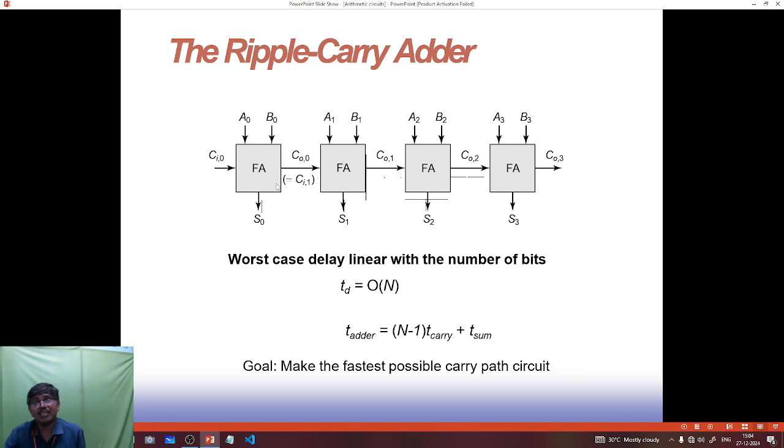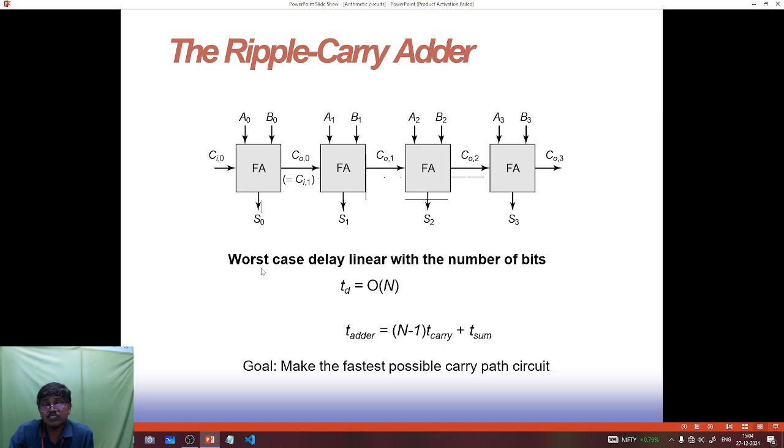The drawback of the ripple carry adder is that the carry depends upon the previous adder. So definitely the carry will be delayed, and when the carry is delayed, the final carry out takes a large time. So there is a delay in the process.